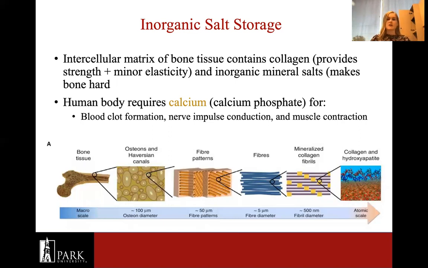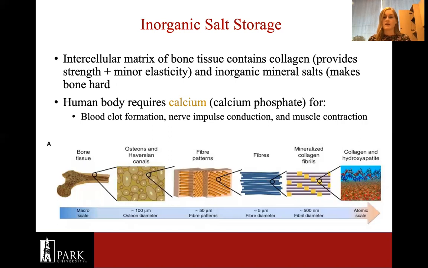And as we talked about on Tuesday, calcium is going to be the biggest salt or biggest component that's going to be important to your bones, specifically calcium phosphate. Our body requires it for a ton of things. Some of these things also include blood clot formation. You need calcium to help stop bleeding in your body.